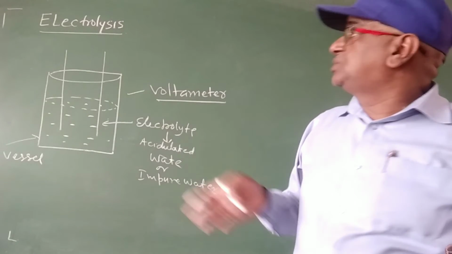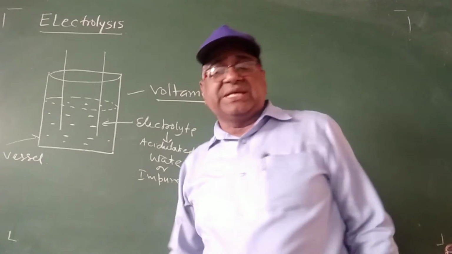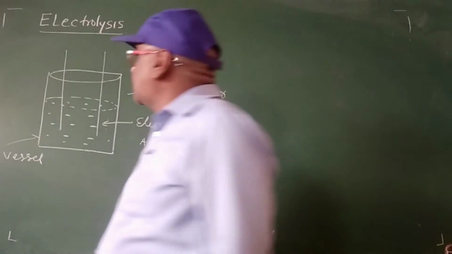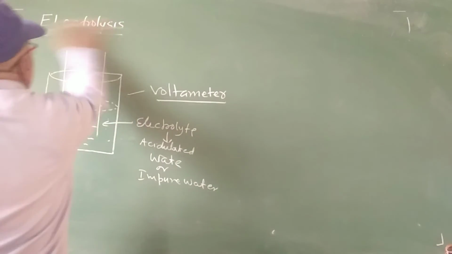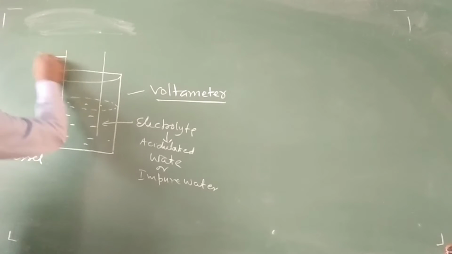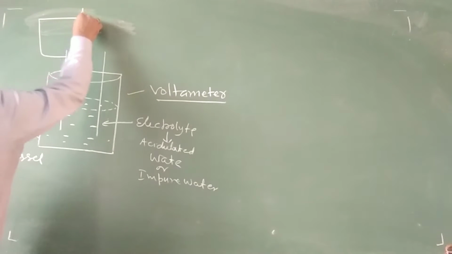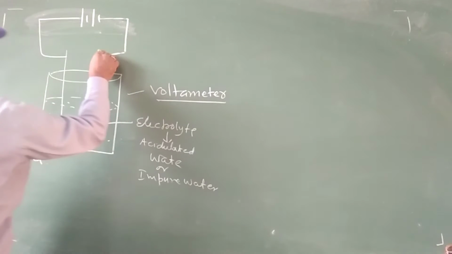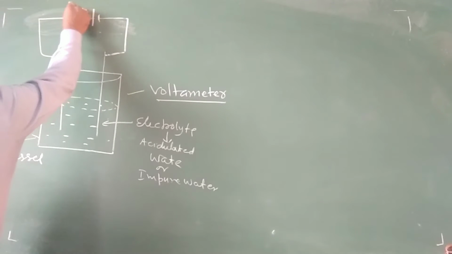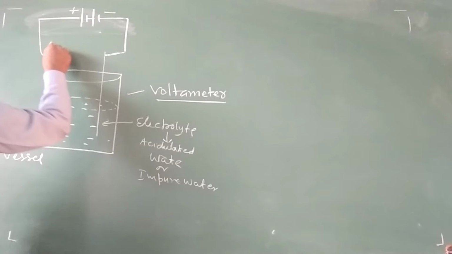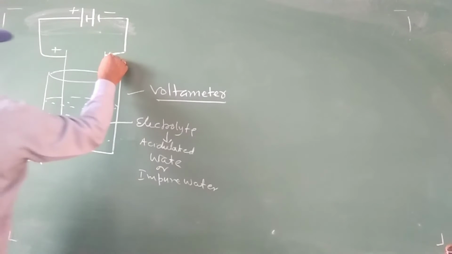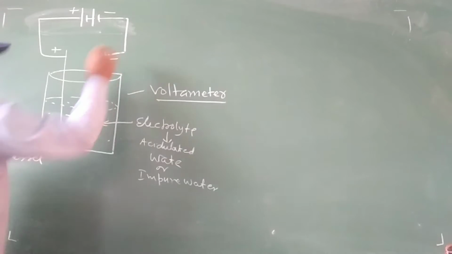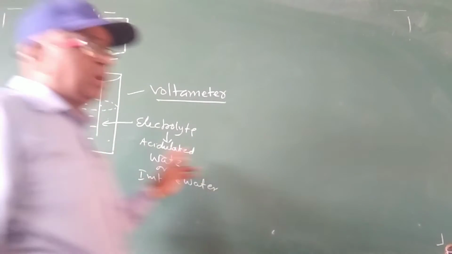So here we will show the electrolysis process. In electrolysis, the cell is connected to these terminals. This is positive and this is negative, so it will be the positive terminal and the negative terminal. And here is the electrolyte.